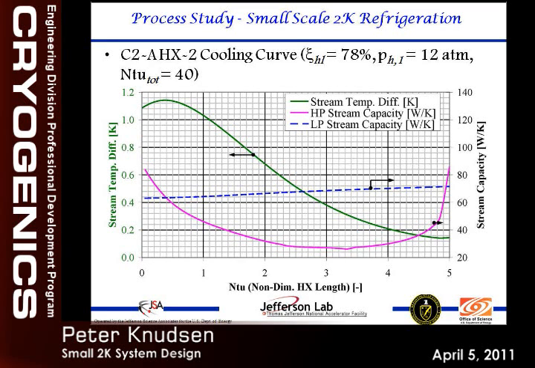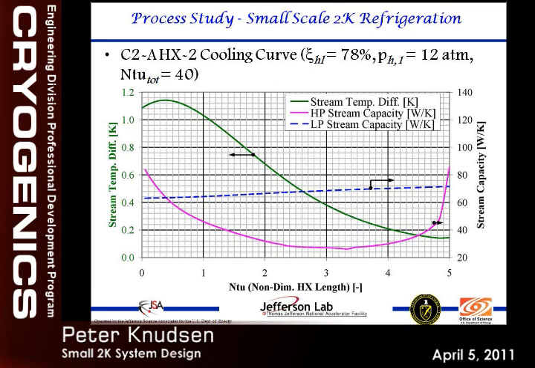And this axis represents the stream temperature difference, and it corresponds to this green line right here, which you can see with this arrow. And this axis over here corresponds to the stream capacity, which is the mass flow rate times the specific heat. And this magenta curve is the high pressure stream capacity, and this blue curve is the subatmospheric stream capacity.